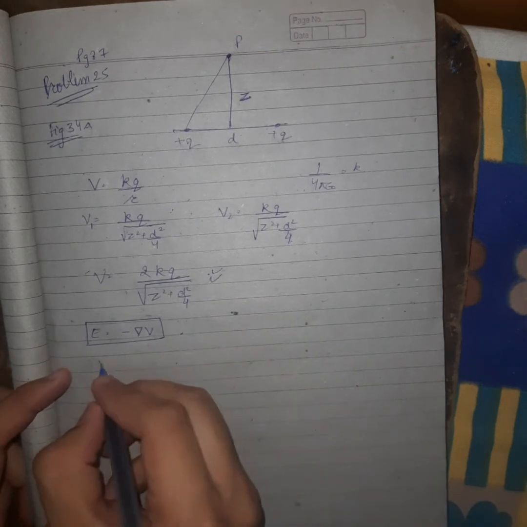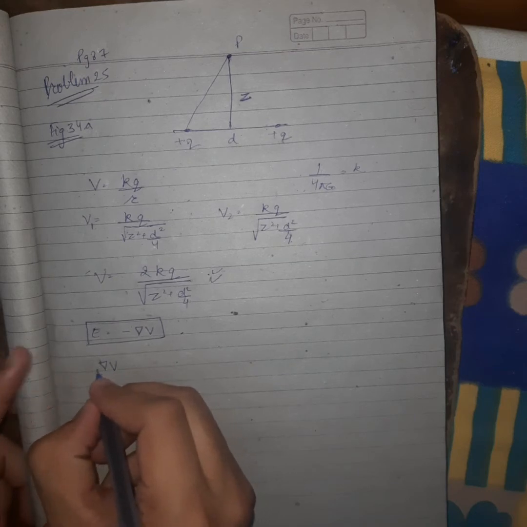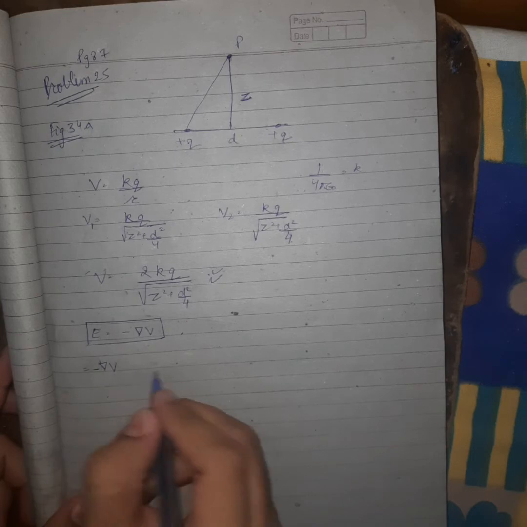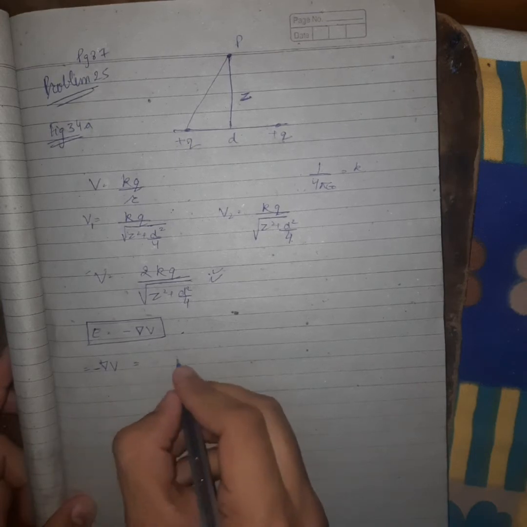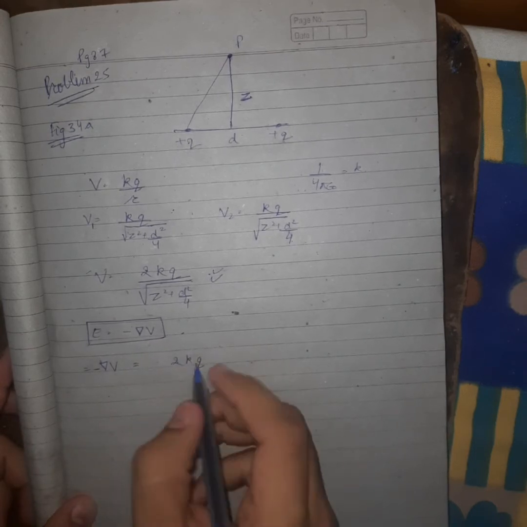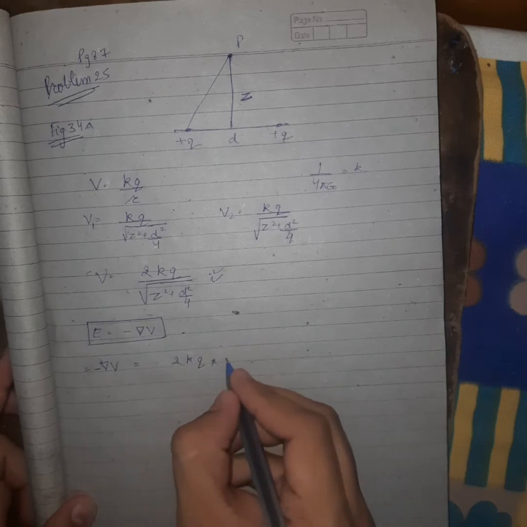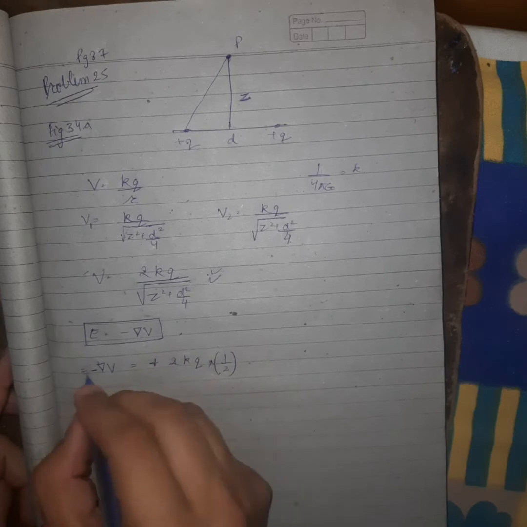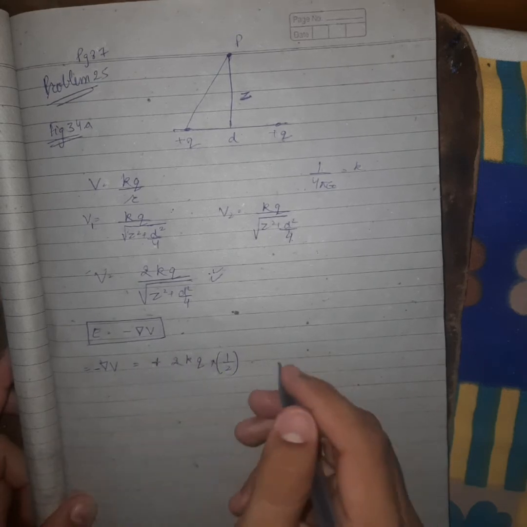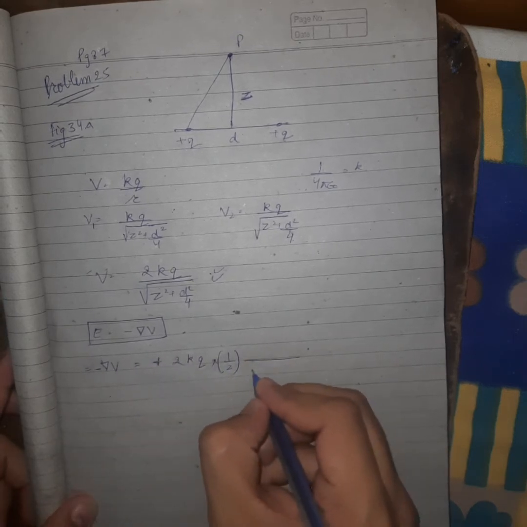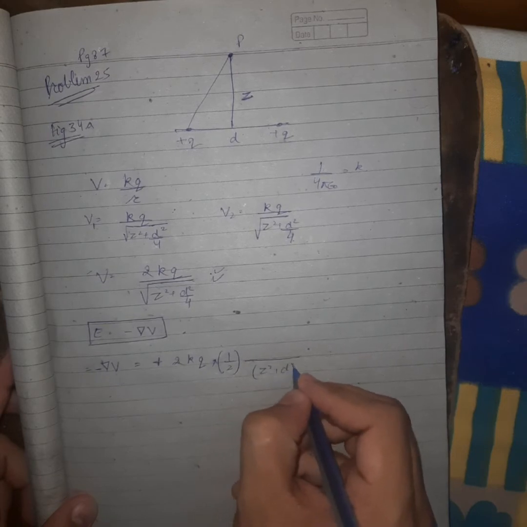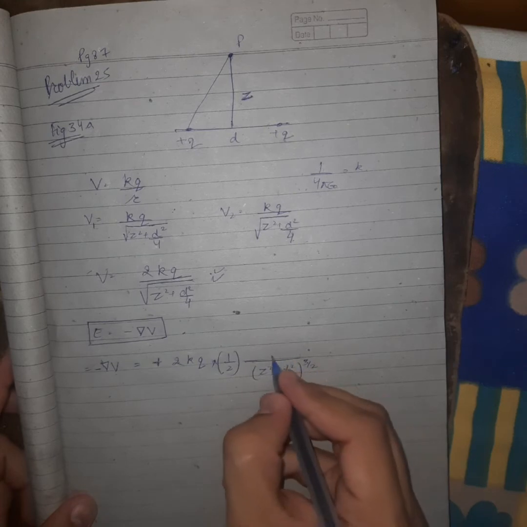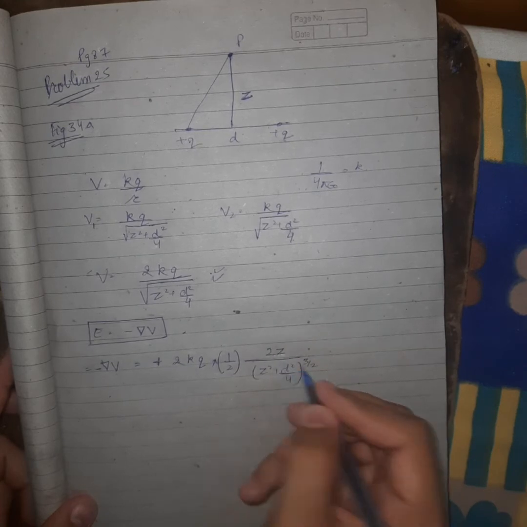On taking the gradient of V, we get minus gradient of V, I guess, 2kq and minus 1 by 2. Minus already because of this, and minus for this, it becomes plus, upon z square plus d square by 4 raised to power 3 by 2, and separately 2z.